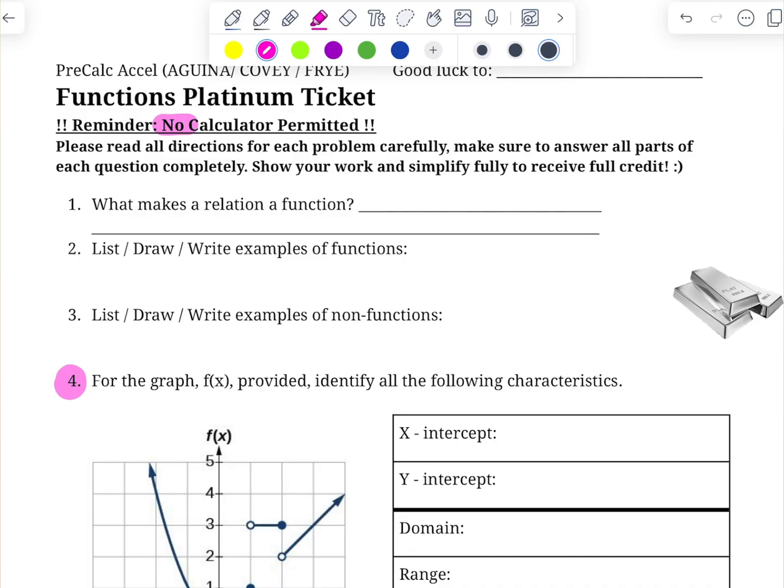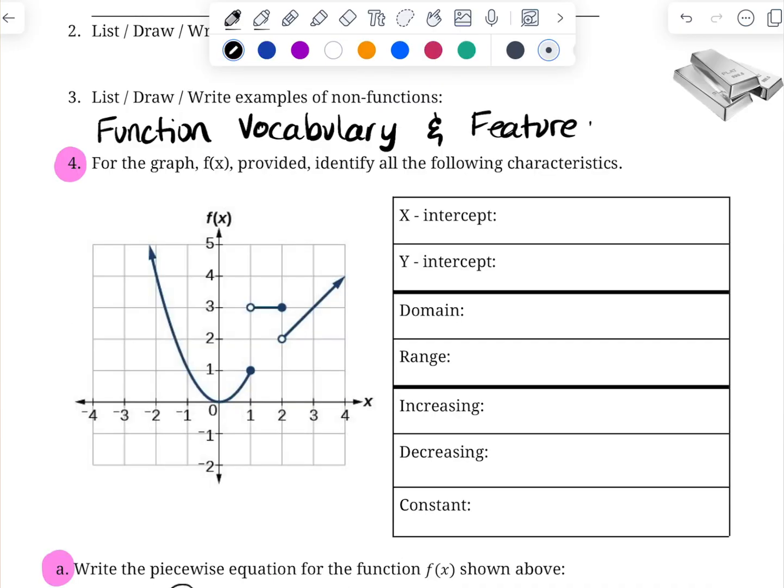Okay, so without further ado, question number 4. This question relates to function vocabulary and features. If you need a deeper dive, watch the video on function vocabulary, and it will help you identify all of those things. So a couple of reminders: x-intercepts and y-intercepts are points, so they are an x comma y value.